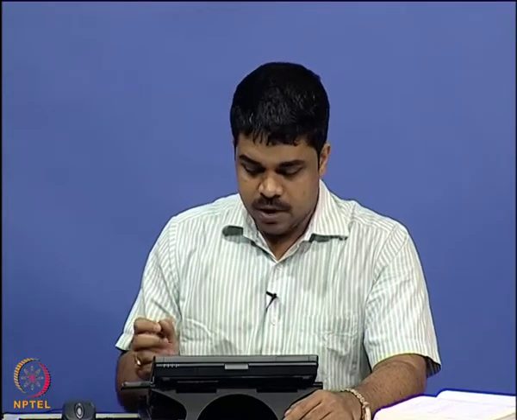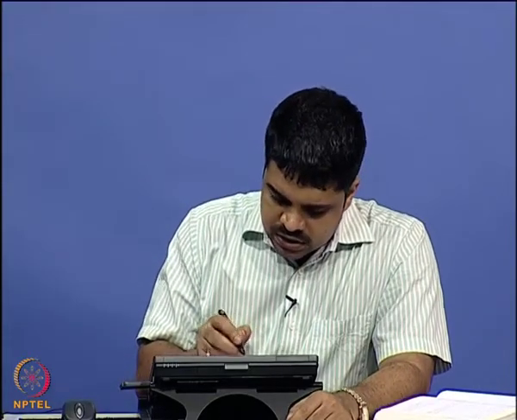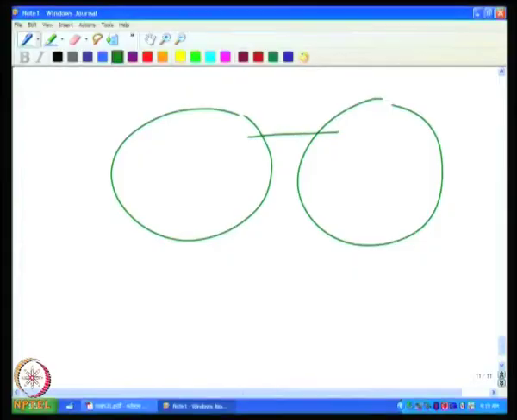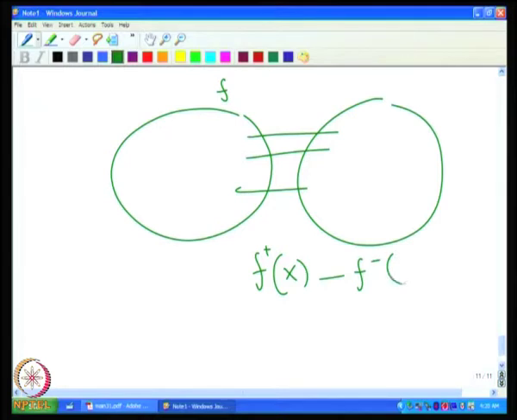Why is it so? Because this is the cut where we have seen the equality, and say f is the flow such that f plus of x minus f minus of x is equal to C plus of x. Remember, this is the value of the flow.